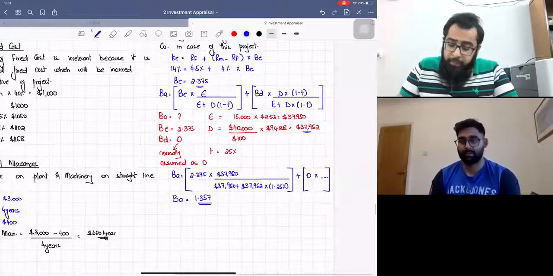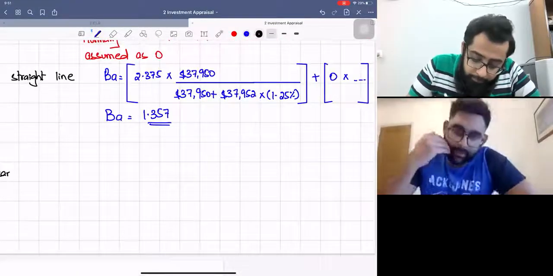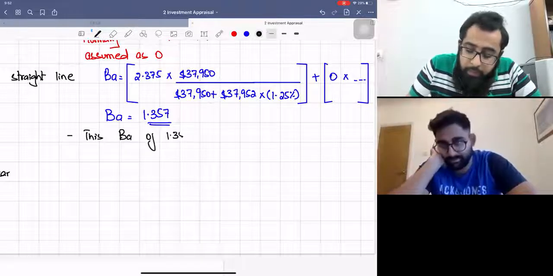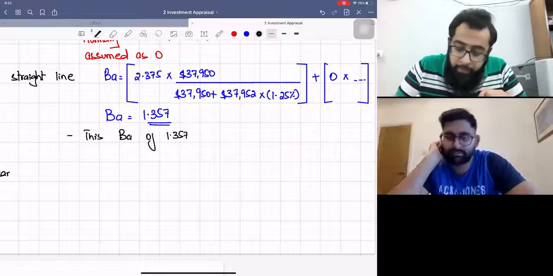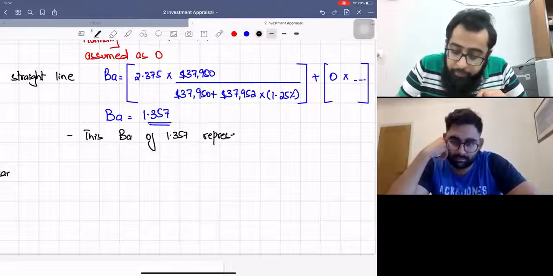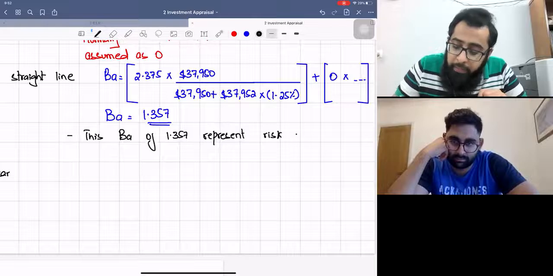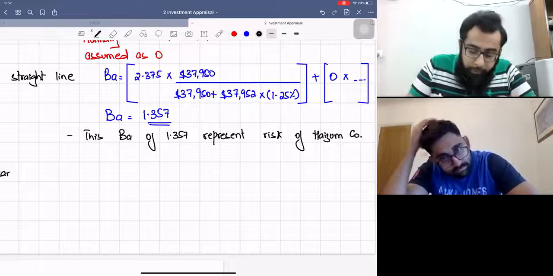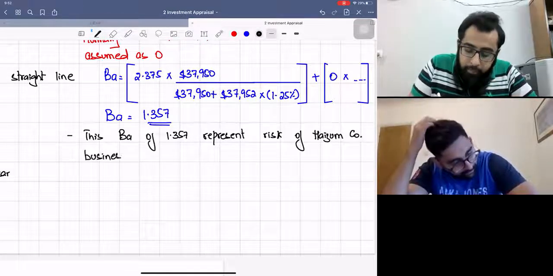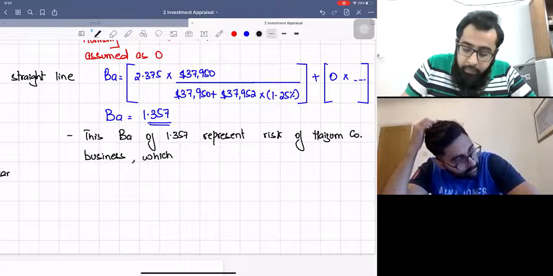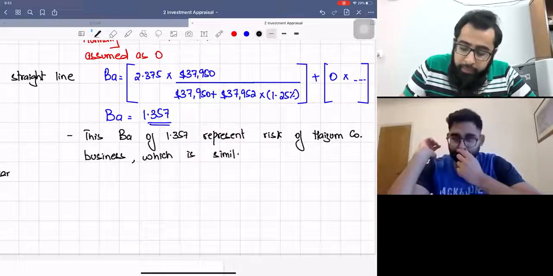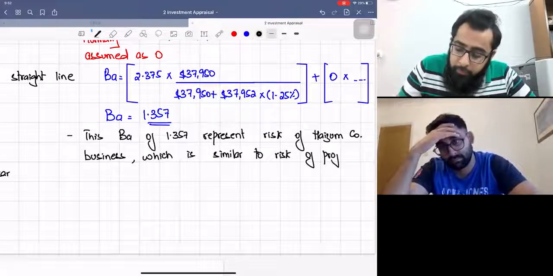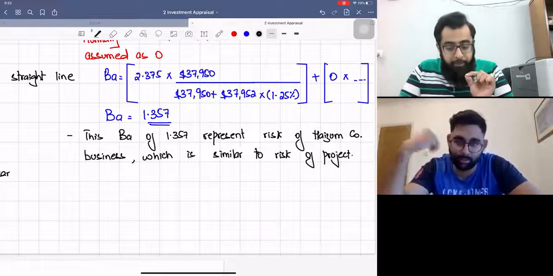This beta asset of 1.357 represents the risk of the company's business, which is similar to the risk of the project. So this would be the beta asset that we use for our project.